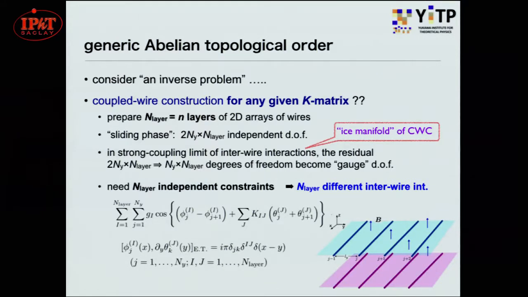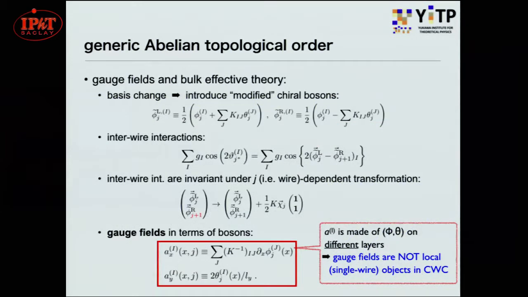The result is very simple. We just replace the integer m for our Laughlin state by a K matrix here. Following a similar procedure as before, we can identify the gauge degrees of freedom, which is given by this formula. The x component of the Chern-Simons gauge field is given by this in terms of the boson phi, and the y component is again given by the theta component of the bosonic field.